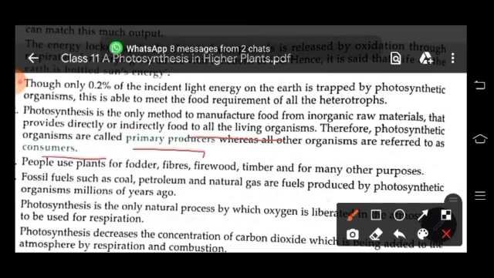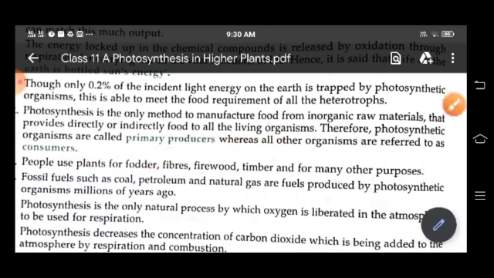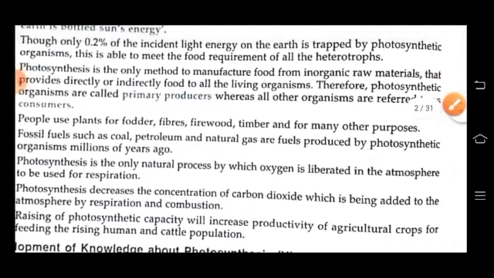People also use these plants as fodder, fibers, firewood, timber, and for many other purposes. The fossil fuels, which were produced by photosynthetic organisms millions of years ago, are also used by human beings.